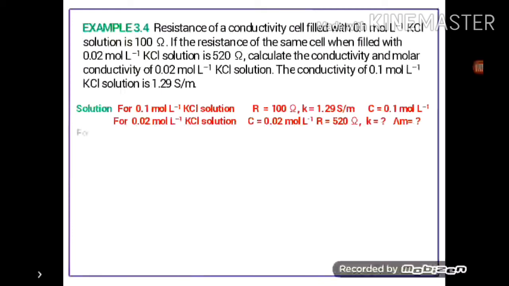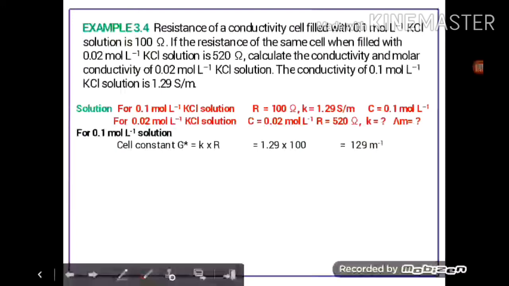For the 0.1 mole per liter KCl solution, the relation between conductivity and cell constant is: cell constant, denoted as G star, is equal to kappa into R, conductivity into resistance. The conductivity given in the question is 1.29 Siemens per meter, and the resistance is 100. If we solve this, we will find the value 129 meter inverse.